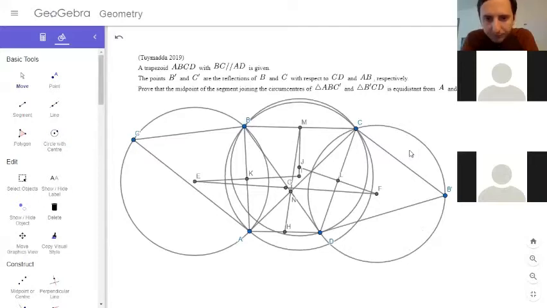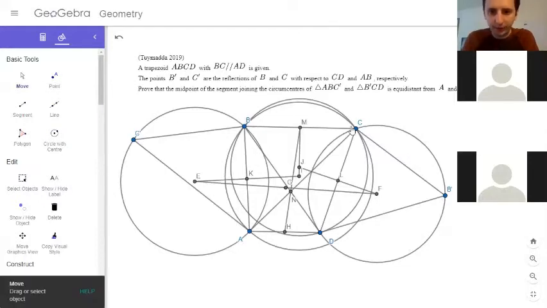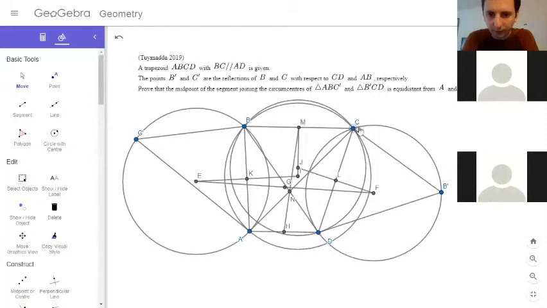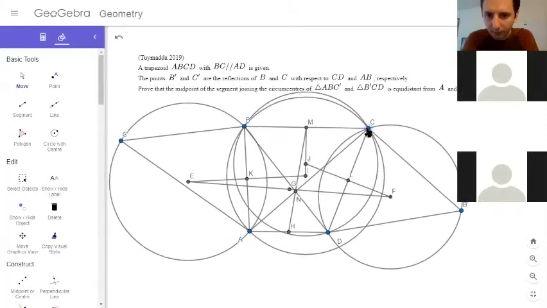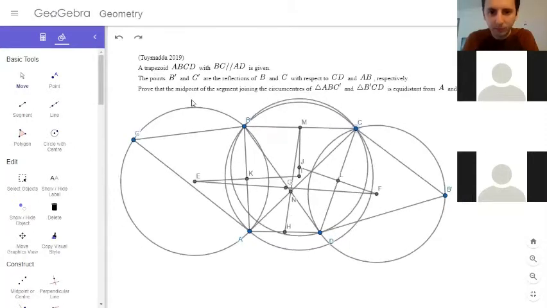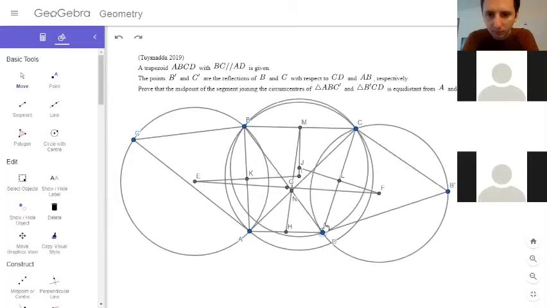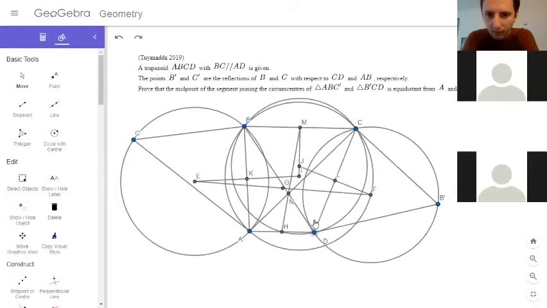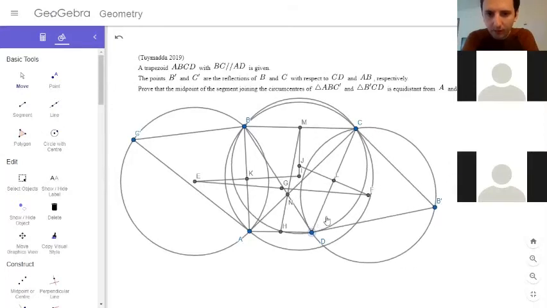Okay. Yeah, now G and N are kind of close together. Let's see if I can make that a little better. We'll just leave it like that.